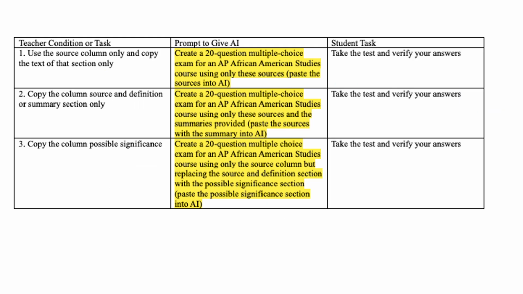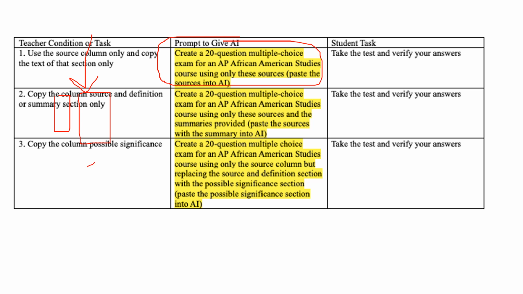So for this section, now that we have the sources, we have the actual text that we can copy. For prompt 1, you can copy just all of those source titles and ask AI to give you a multiple choice test using the documents. It is going to give you a general summary. You could then move on to the second task where you're taking the source column as well as the middle column, which has the definition used in class, and then you can ask it to generate a quiz using those sources.